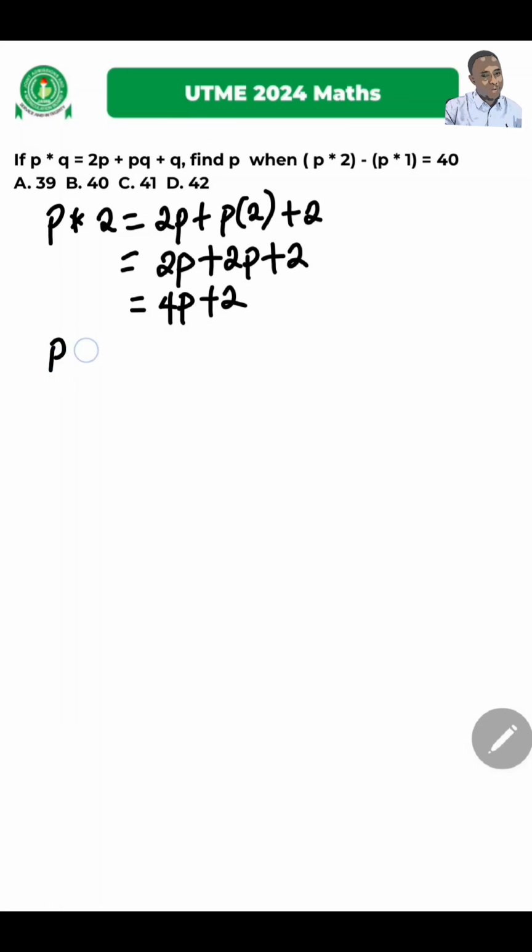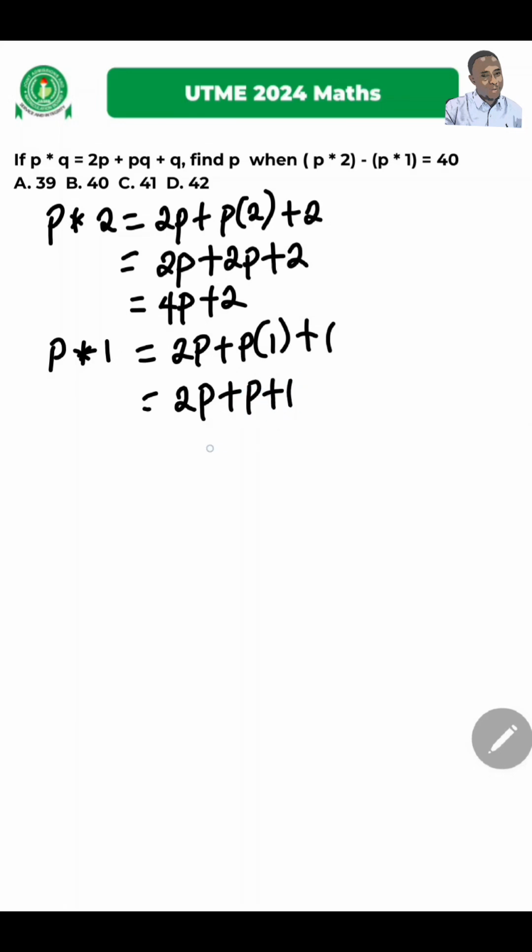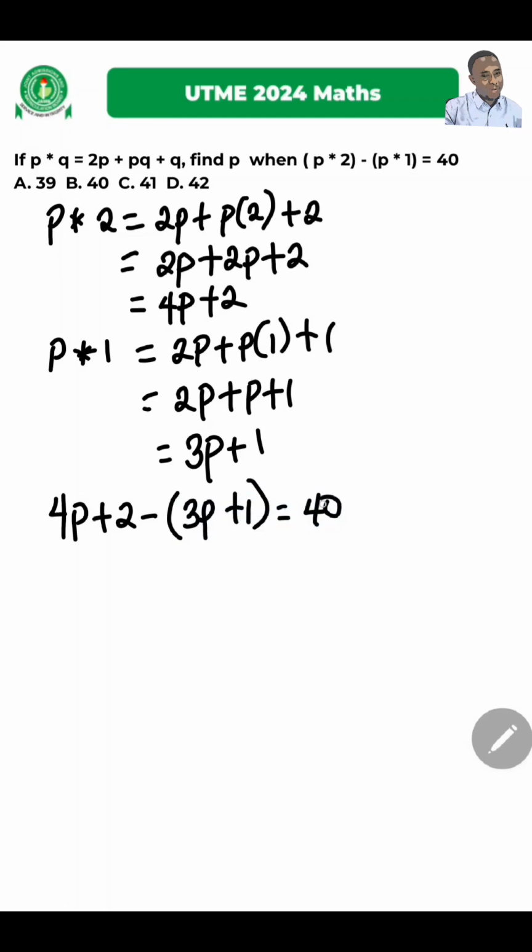Then I do P star 1, and that is 2P plus P times 1 plus 1. So that is 2P plus P plus 1, which is 3P plus 1. So then I subtract. I have 4P plus 2 minus (3P plus 1) equals 40.